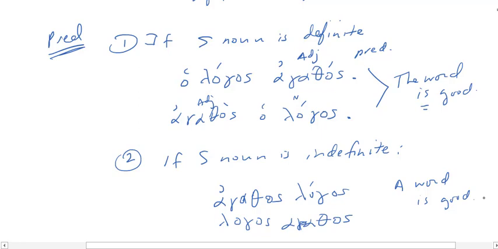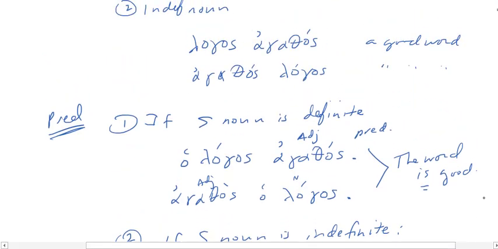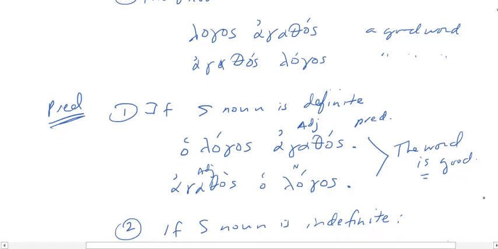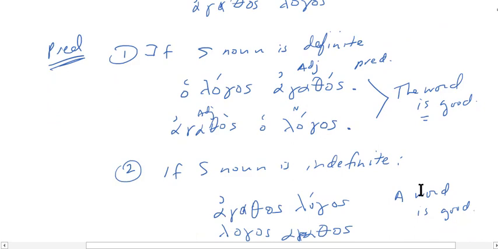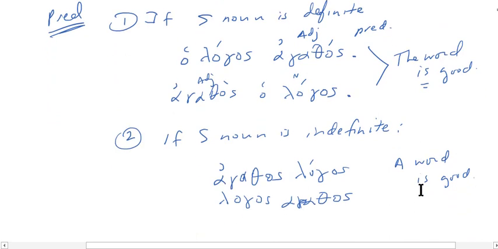Not the word is good because the subject noun is not definite, okay? But that's ambiguous between what we saw up here, right? Logos agathos, and agathos logos could also be a good word. So when my noun is not definite and it's nominative case, I have a little bit of a puzzle, but usually my context is going to make it abundantly clear.